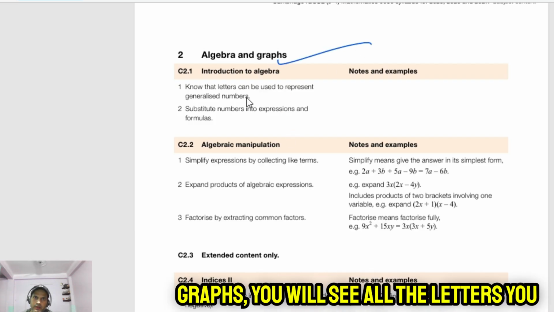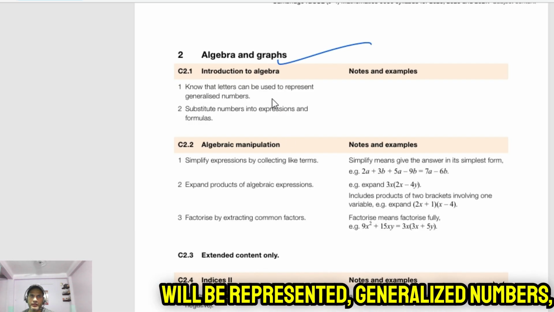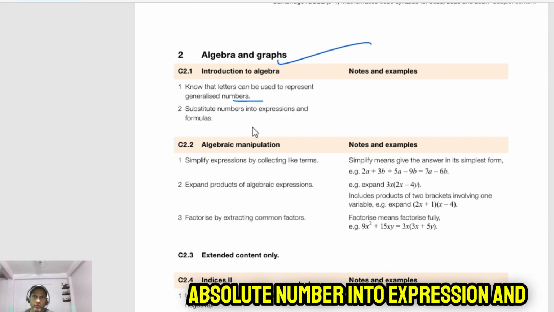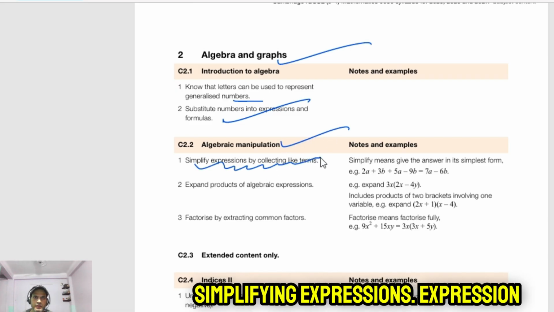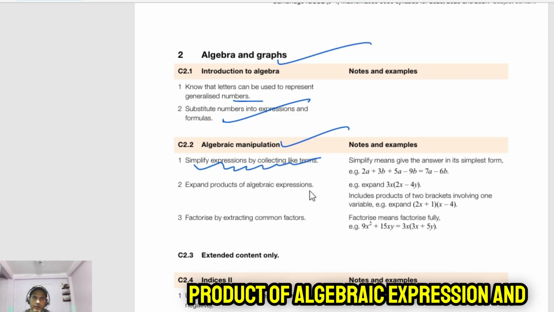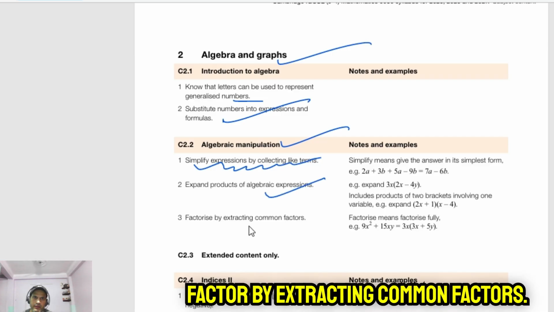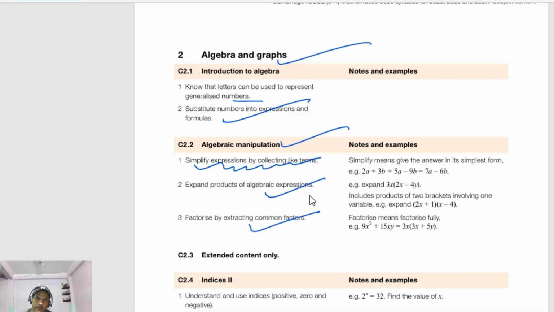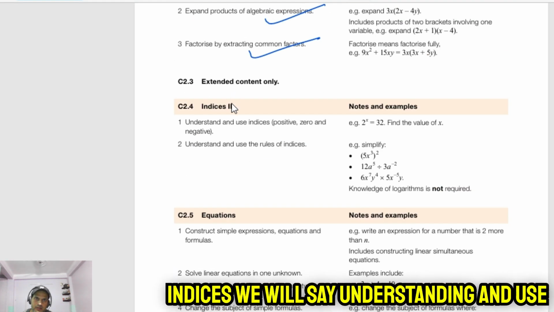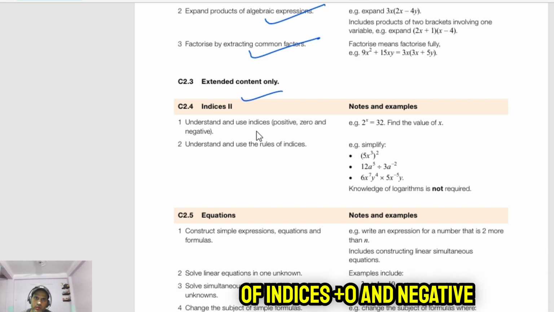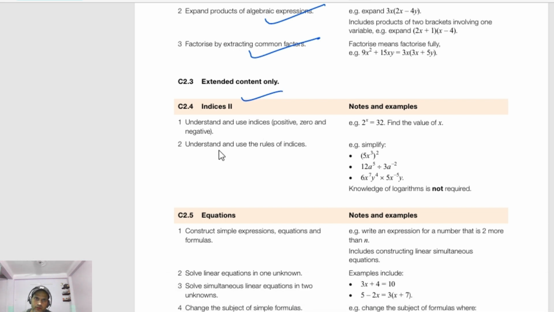Then algebra and graphs: you will see letters representing generalized numbers, converting numbers into expressions and forms, and algebraic manipulation like simplifying expressions, expanding products of algebraic expressions, and factorizing by extracting common factors. We will use this notation. Then indices: understanding and use of indices, positive, zero, and negative.